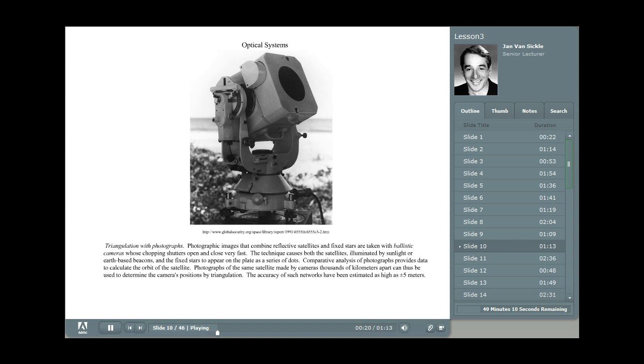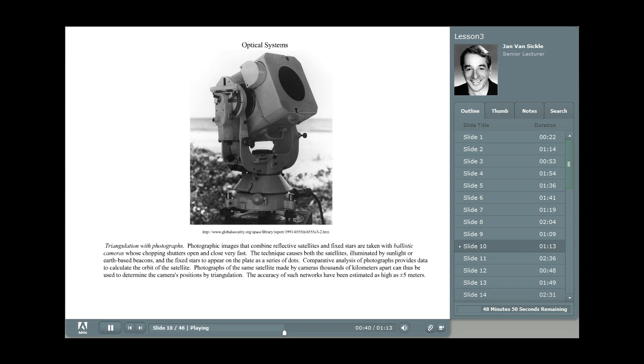And here is one of those kinds of sensors, a ballistic camera. These cameras have very fast chopping shutters that can track rapidly moving satellites or other bodies, and then from that determine their position by triangulation.